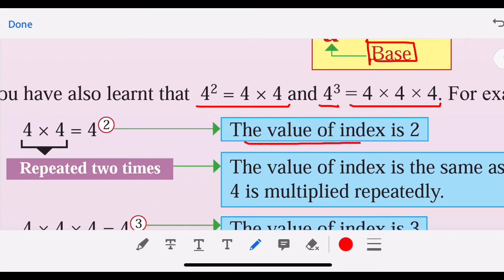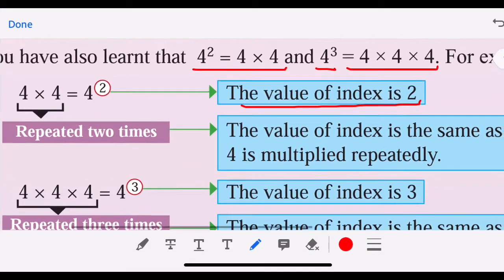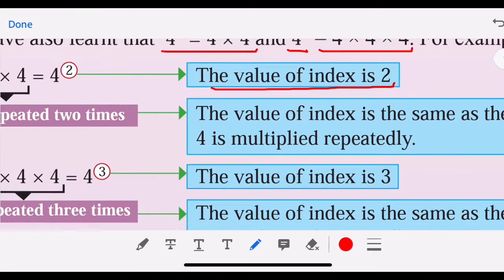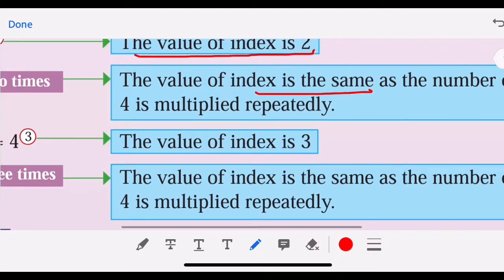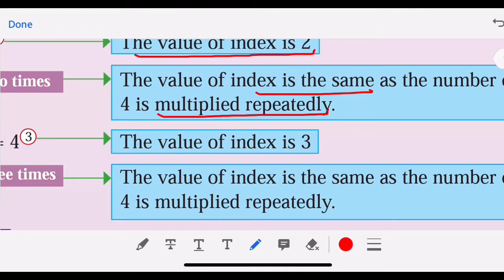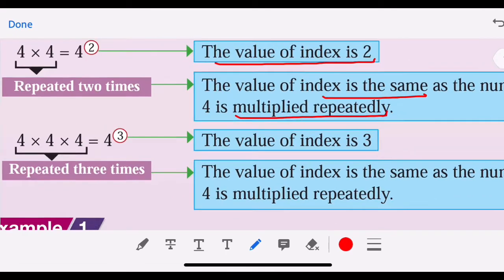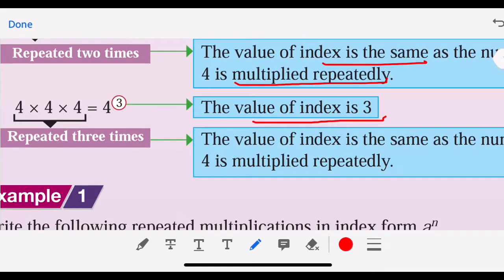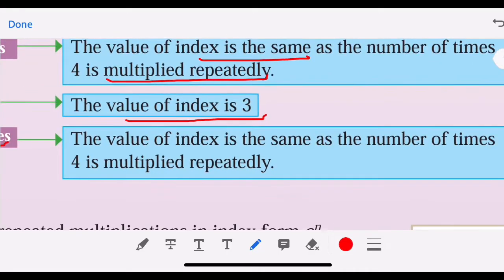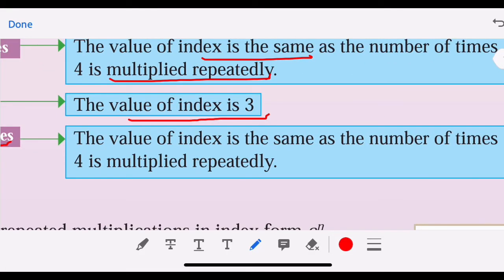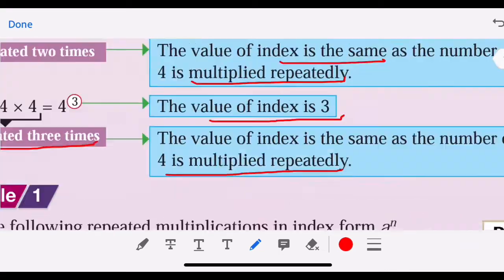The value of the index is 2, repeated 2 times. The value of the index is the same as the number of times 4 is multiplied repeatedly. So 4 times 4 times 4 will be 4 power 3, and the value of the index is 3, repeated 3 times.